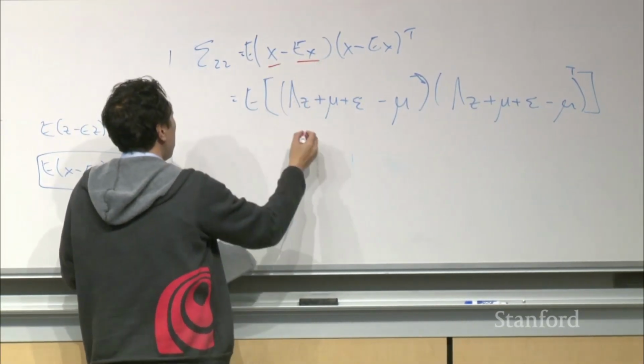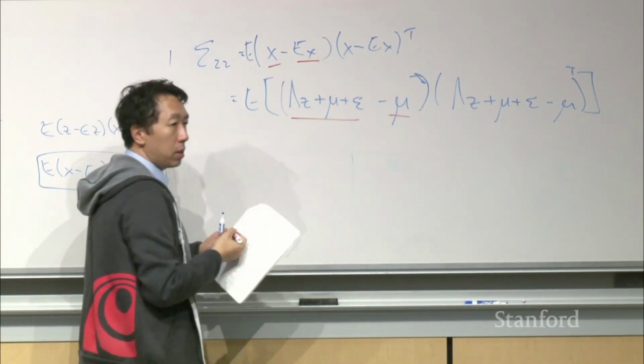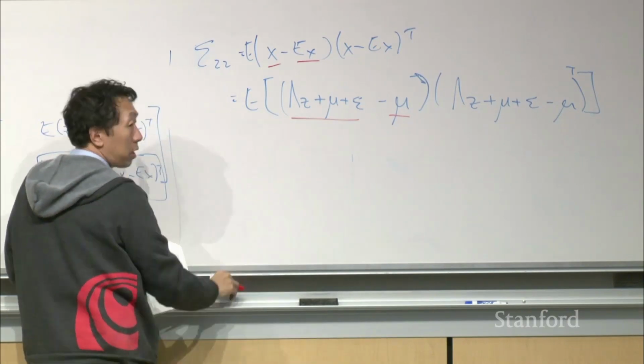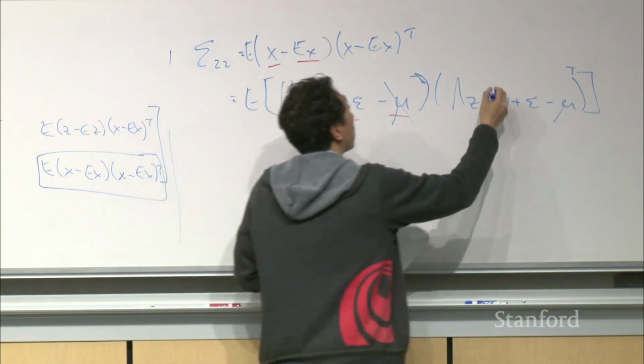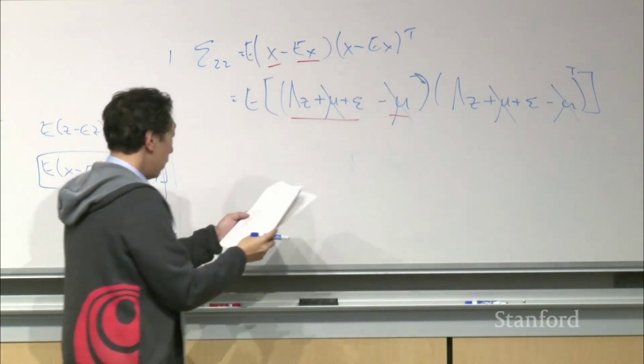Because the expected value of x is mu, the mu's cancel out.